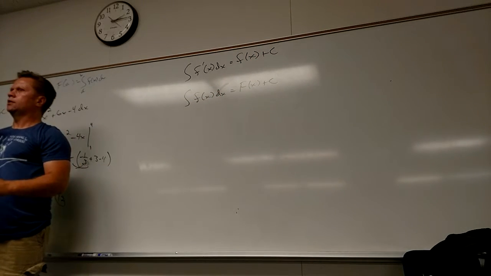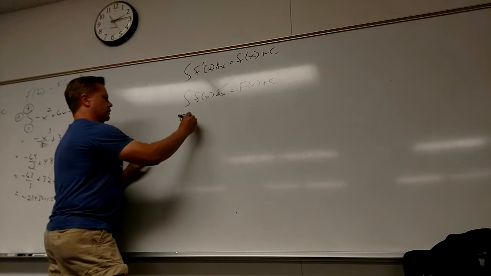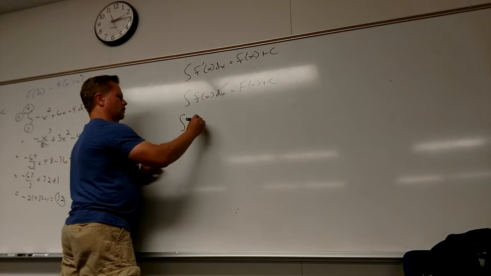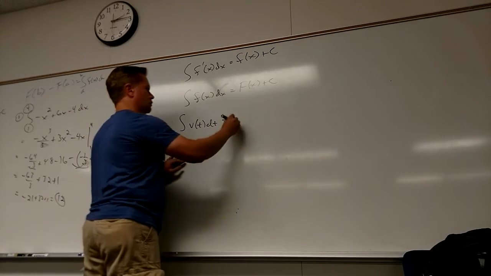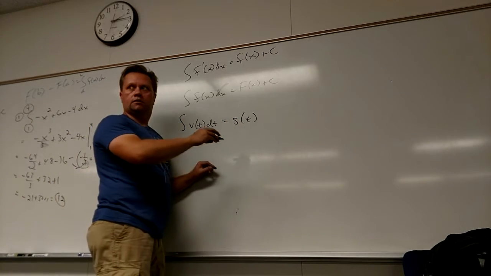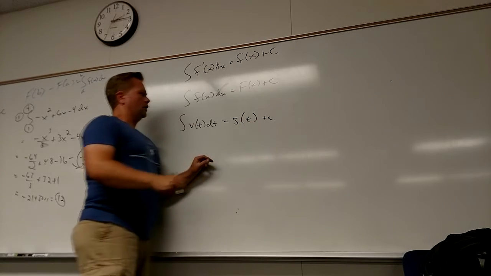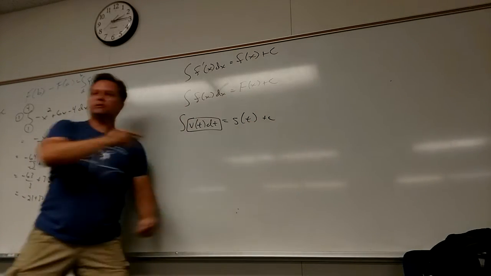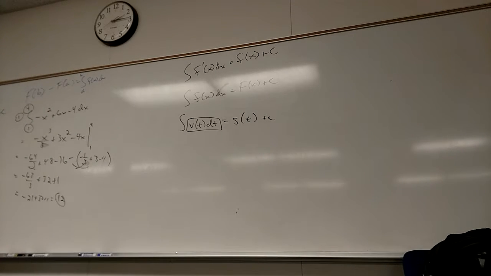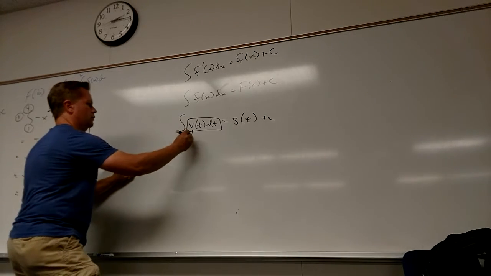Okay, I like it. What would the integral of velocity be? What should it be? Position, plus some c, because it kind of makes sense. Remember, taking the areas is multiplying. I really want this to make sense.